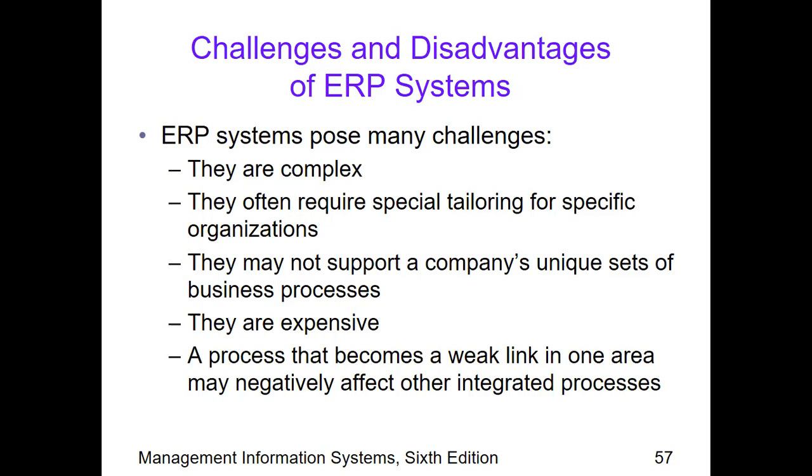And a process that becomes a weak link in one area may also affect the others negatively. The processes in the organization are interdependent with each other. Although they are processed separately, the information generated from one department can also have an impact on the other. That's the reason there can be negative impact from one part to the other.